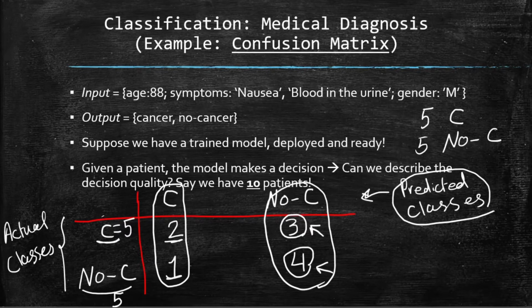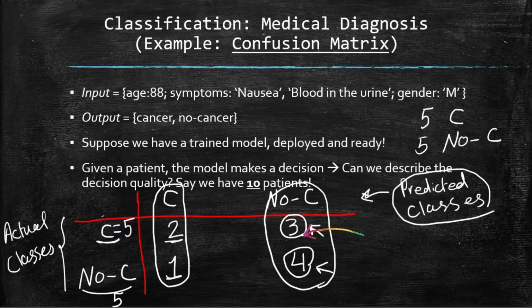Now, if a person doesn't have cancer and you say that that person has cancer, it is terrible, but it is not nearly as terrible as if a person has cancer and you classify them as non-cancer, as is the case with this number 3 right here, right?